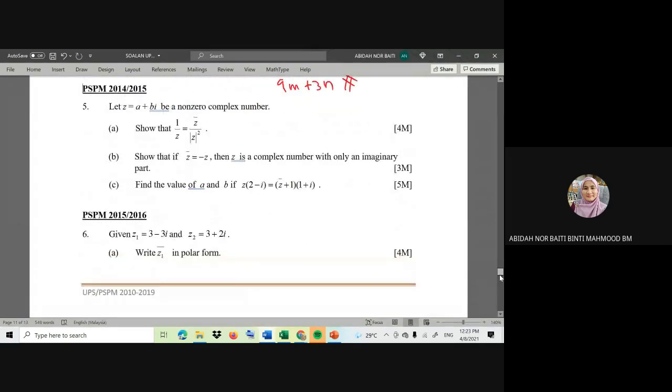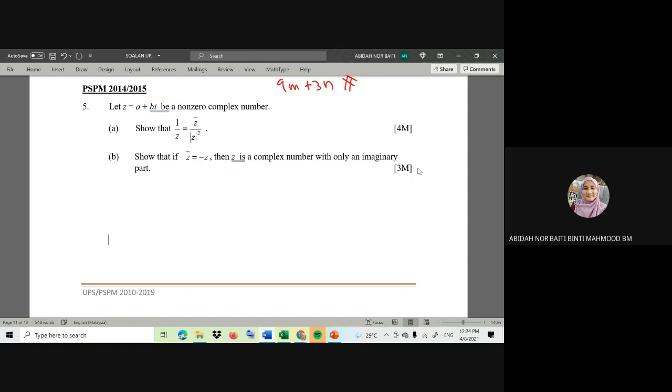Any problem with number 5? Madam, number 5, B dan C, madam. B and C. So A boleh ya? Boleh, madam. Okay, so 5B.